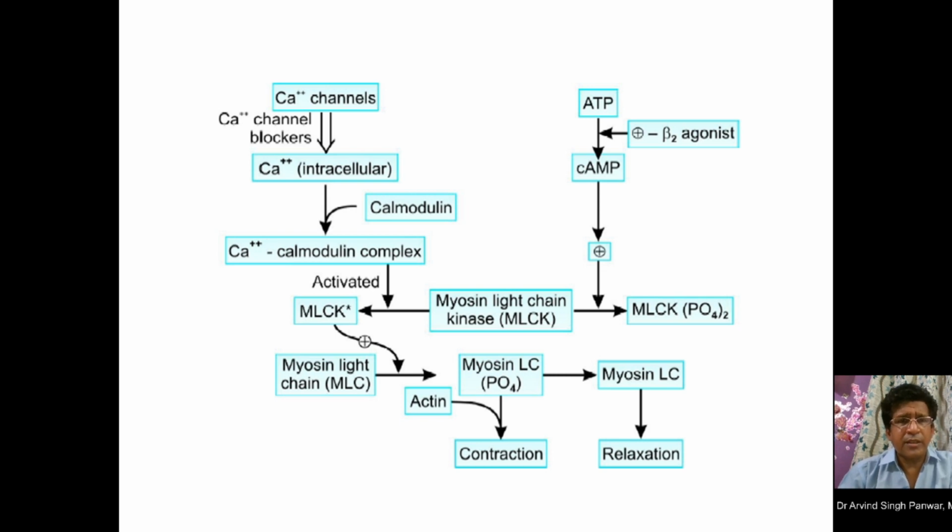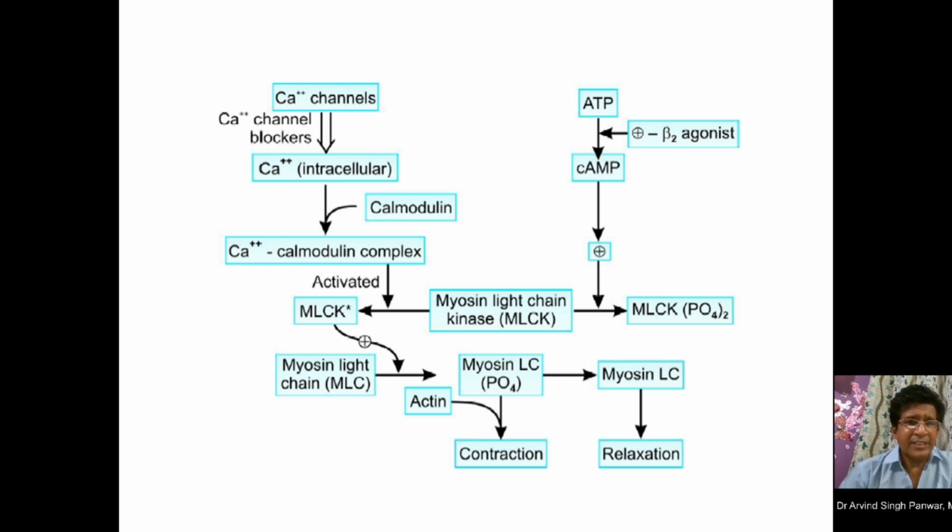Through the calcium channels, intracellular calcium enters. It will bind with the calmodulin and form the calcium calmodulin complex. Now, the myosin light chain kinase will get activated by this calcium calmodulin complex and get converted into activated myosin light chain kinase.